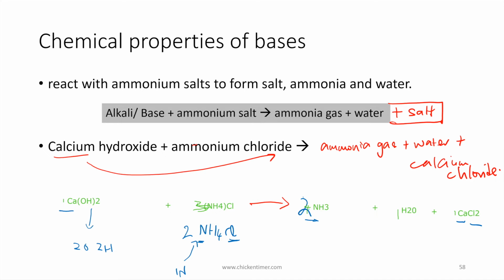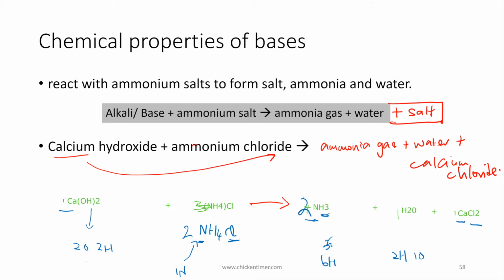Right? Then what I am left with is 3 hydrogen here and 2 hydrogen here. There's 3 here, then a 2 outside, that means 6 hydrogen here, and 2 hydrogen here, and 1 oxygen here.